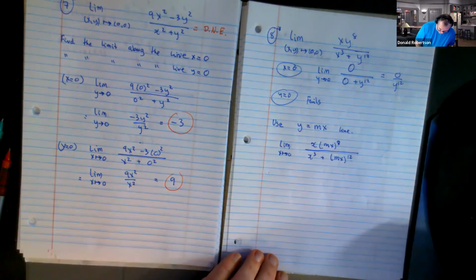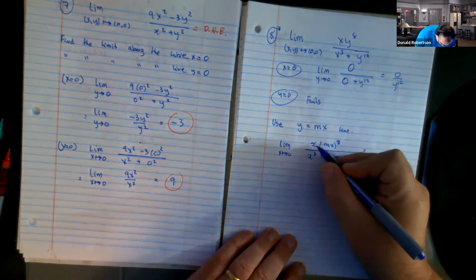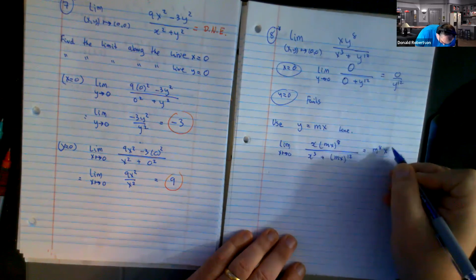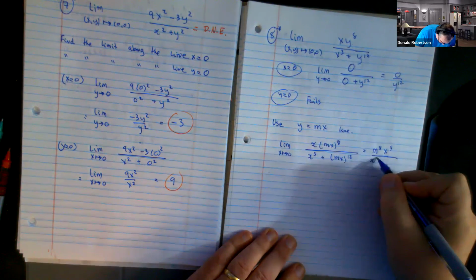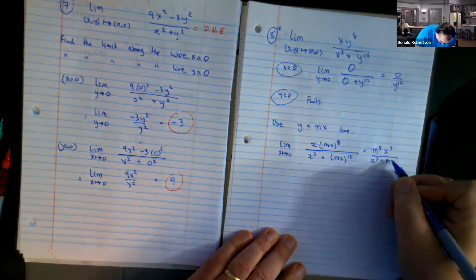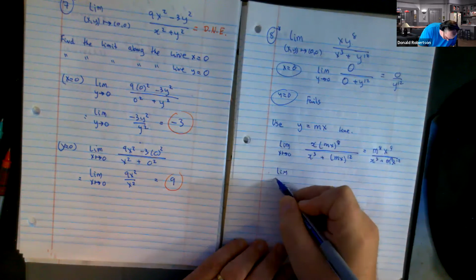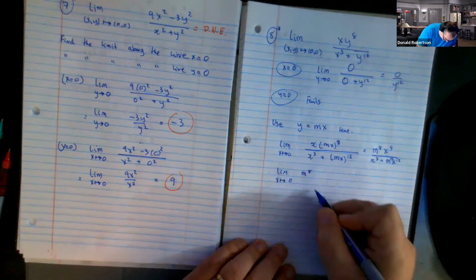So far, so good. Now, multiply that out and combine it with this guy, you get m to the 8 x to the 9. On the bottom, you get x cubed plus m to the 12 x to the 12, right? So we are trying to find the limit as x tends to 0 of this fella.